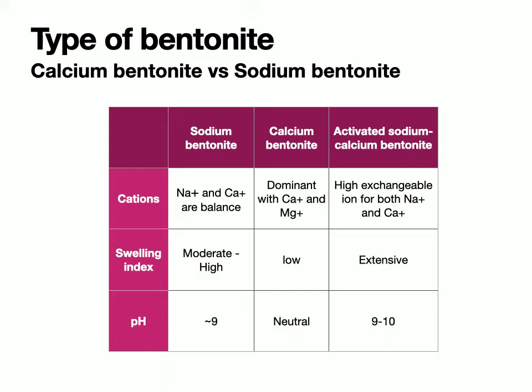Sodium bentonite is known as a high swelling clay because it has a balance of sodium ions and calcium ions. The swelling index is moderate to high, with pH levels around 9. Calcium bentonite is dominated by calcium and magnesium ions.